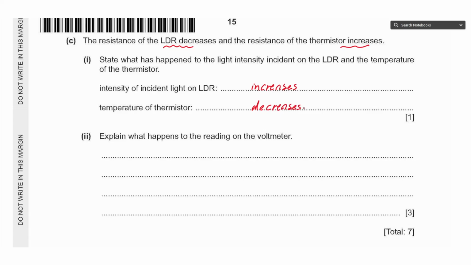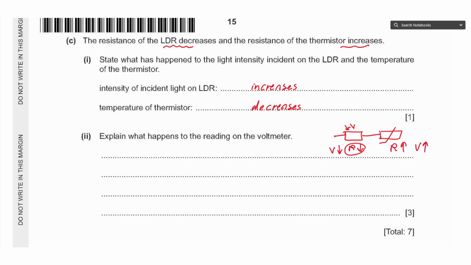Part ii says explain what happens to the reading on the voltmeter now. So we had an LDR connected in series with a thermistor, like this, and we have the resistance here decreasing and the resistance here increasing. The total voltage of the battery is still the same. In series, whenever a resistor has a decreasing value, the voltage across it decreases and the voltage across the other components increases.